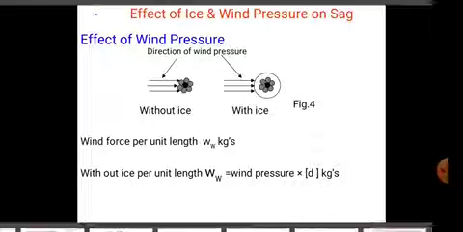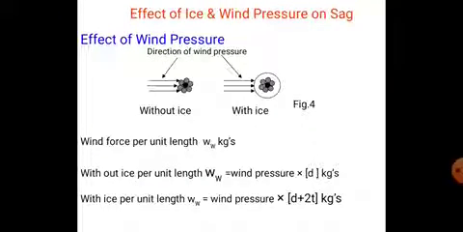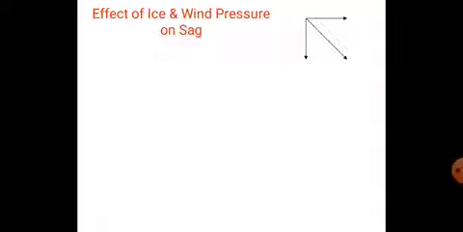With ice it is d plus 2t. With ice, per unit length, it is equal to wind pressure into d plus 2t. With ice means the external diameter will be increased, that is d plus 2t, the thickness of the conductor. That is, the horizontal component is Ww and the vertical component is W plus Wi.